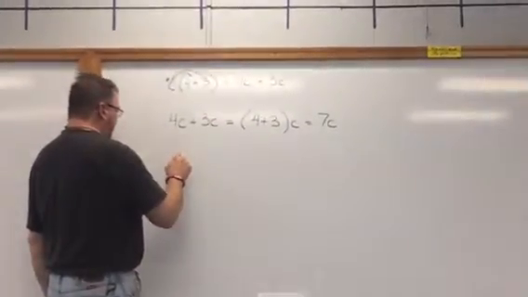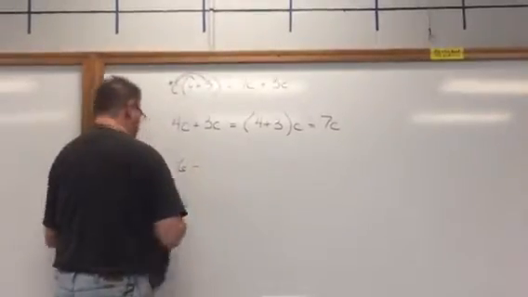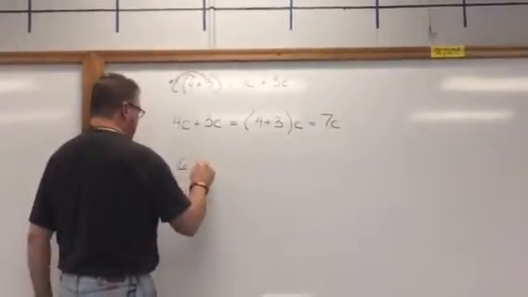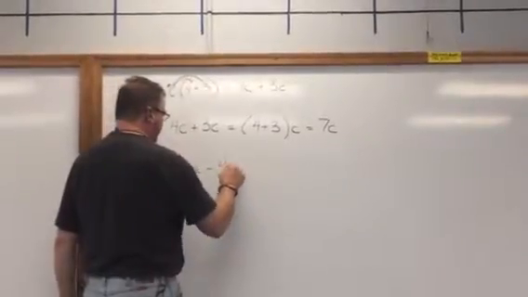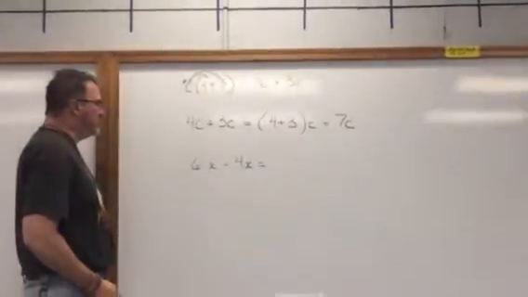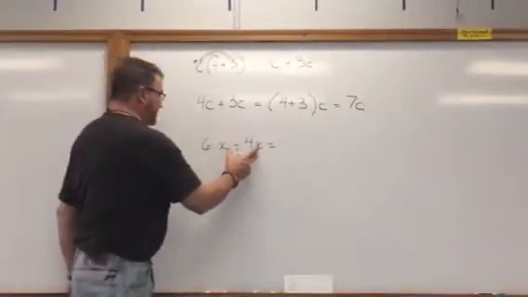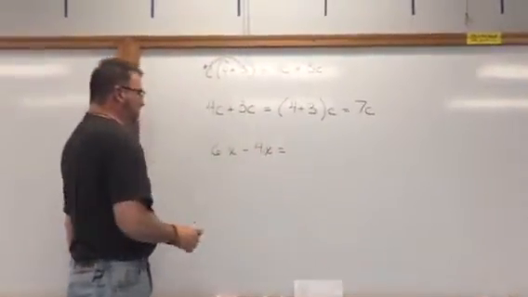Let's do 6x minus, I don't know, 4x. Well, once again, the long way says that x is being multiplied by both 6 and 4.